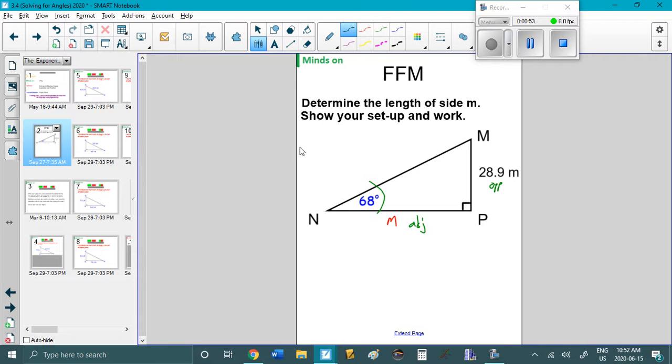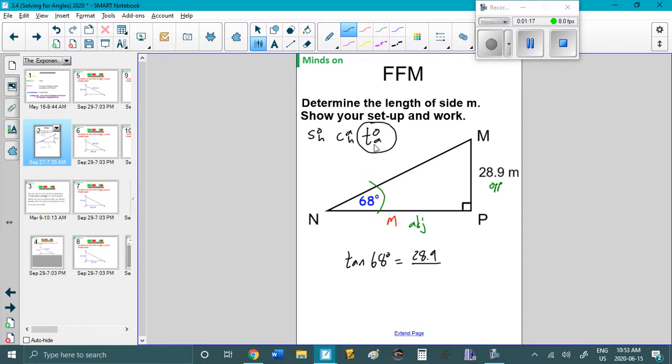So then what I do is I write down SOHCAHTOA, and I look for the one that has O and A for opposite and adjacent, and that is going to be tan. So we have tan of our angle equals the opposite, which is 28.9, divided by the adjacent.